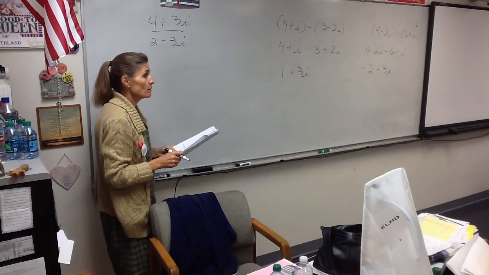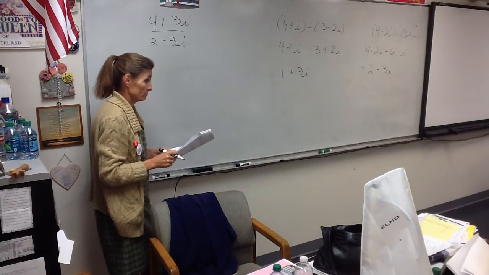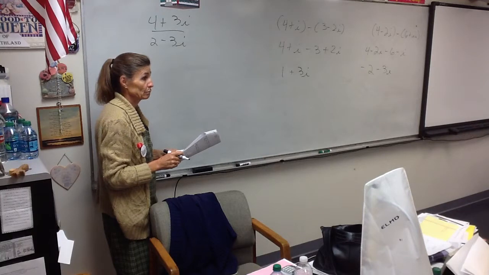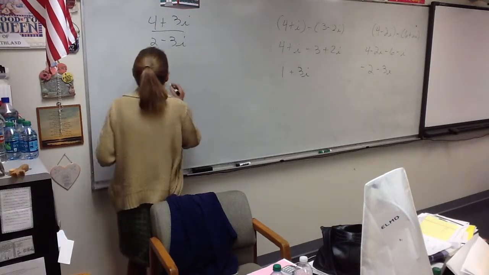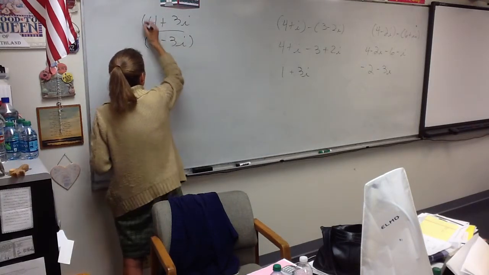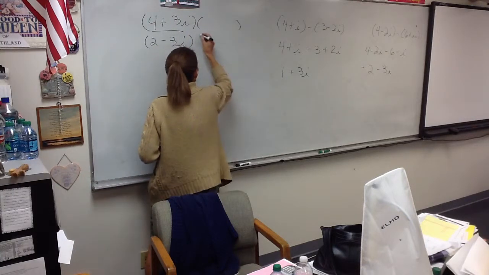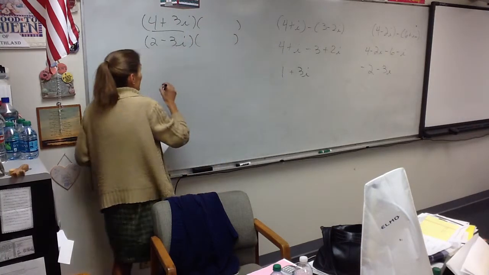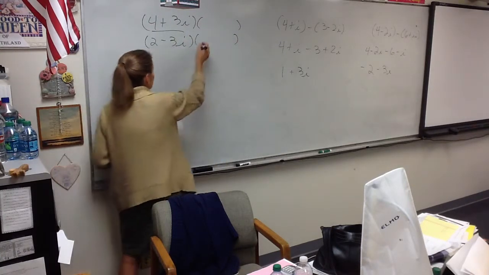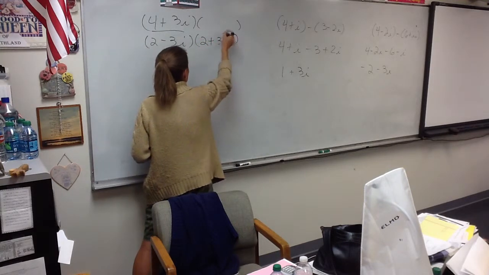Does anybody remember how we do this? Once we flip it around, we multiply the top and the bottom by what we call the conjugate, which is 2 plus 3i.